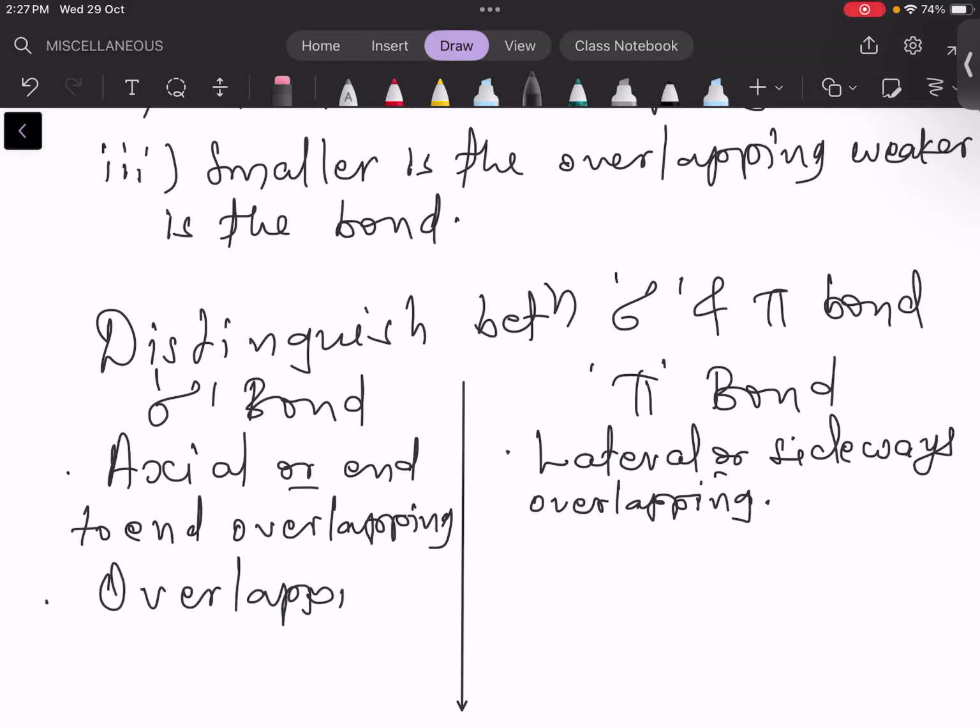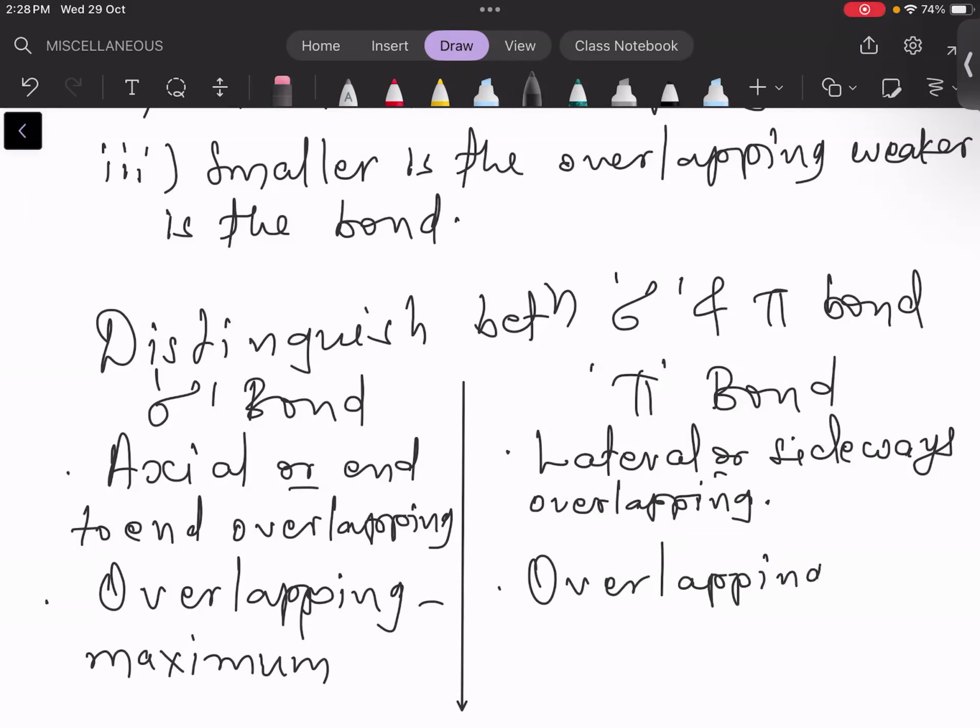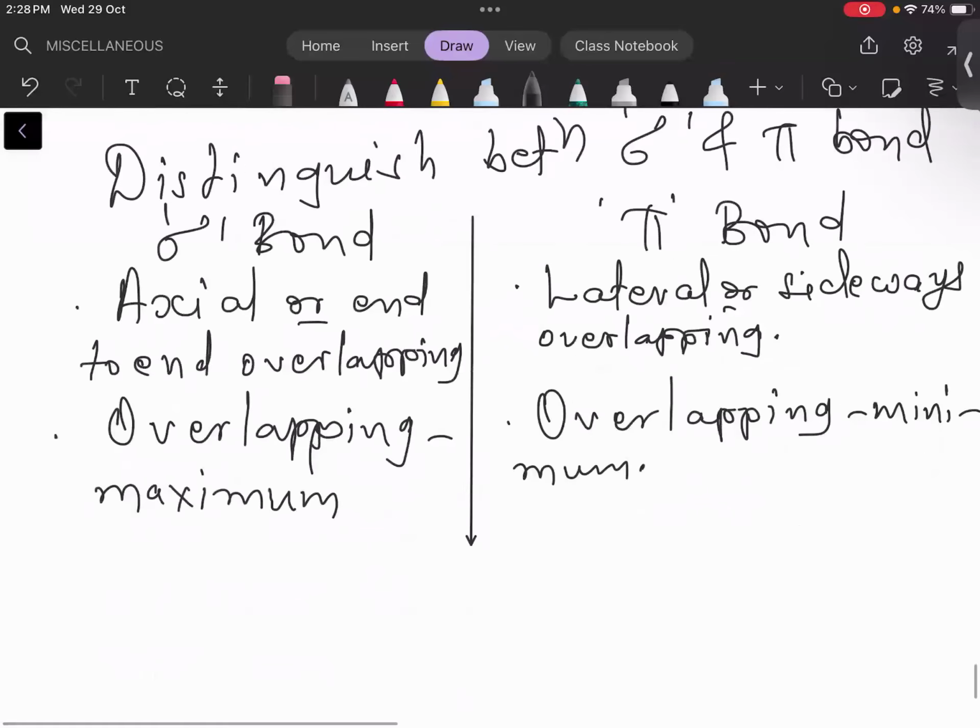In case of a pi bond, overlapping is minimum.